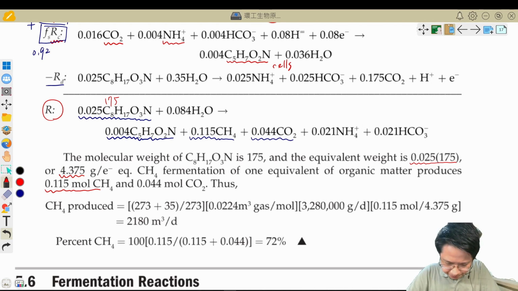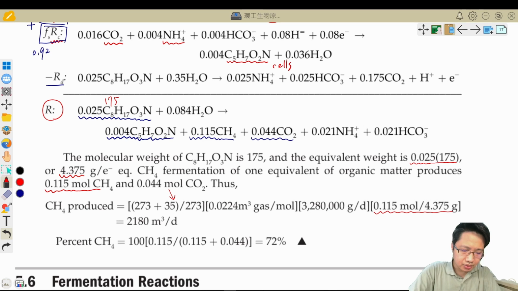And here is the temperature used to calculate the gas volume under the 35 degrees Celsius condition. Here is the molar ratio relative to the industrial wastewater.